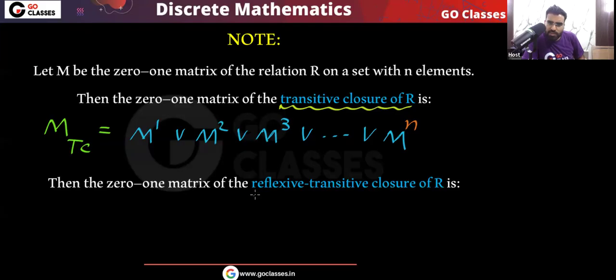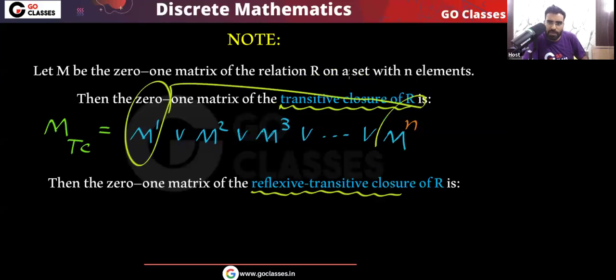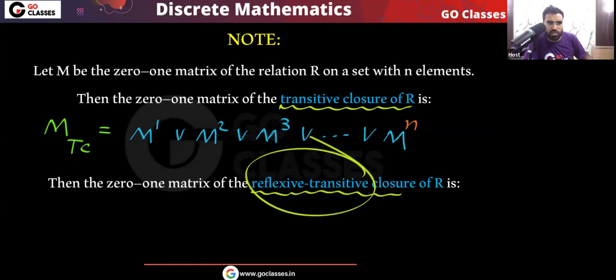Now, if the question asks you reflexive transitive closure, see, this is only transitive closure. So you are going from M power 1 to M power n, and you are doing the OR. Now, if the question asks you reflexive transitive closure of R, reflexive means self loops, yes or no?